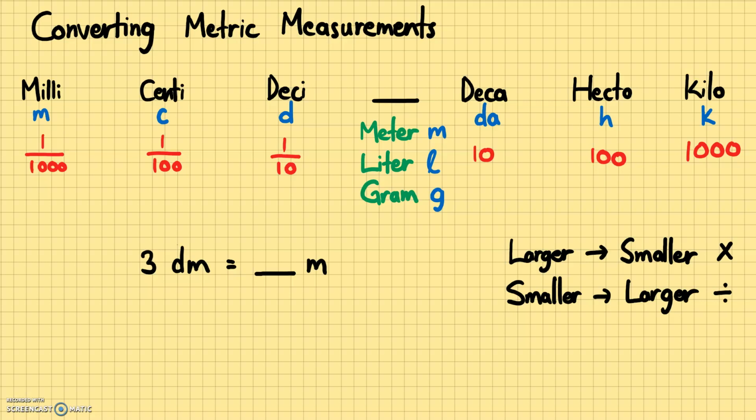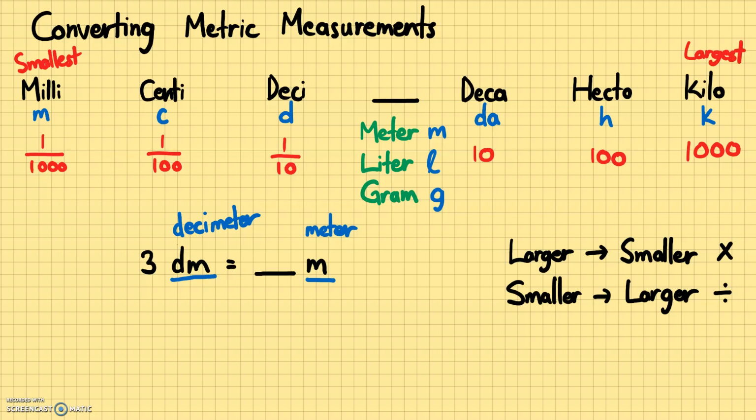So we're going from decimeter to meters. Which one is bigger, decimeter or just meter? If you look at our chart at the top here, this side is the smallest and this side is the largest.